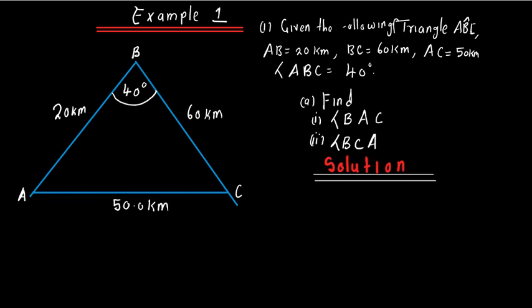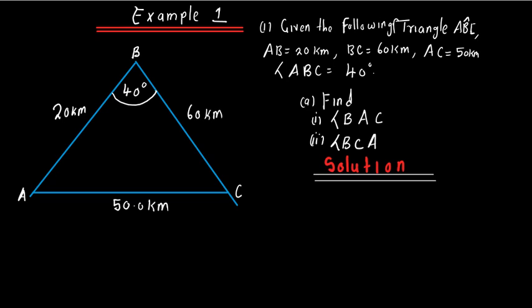Okay, so they're saying given the following triangle ABC, AB is 20 kilometers, BC is 60 kilometers, AC is 50 kilometers. Then they're saying we calculate the angle BAC. Now, I put this question deliberately because I want you to relate.